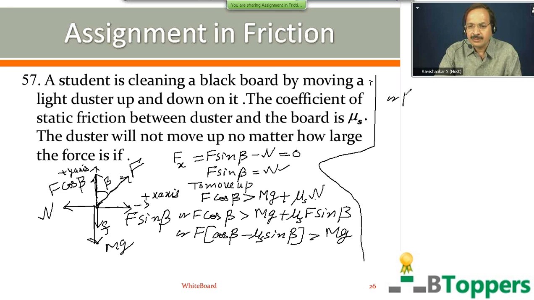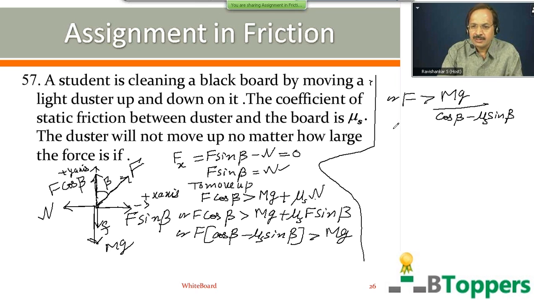Therefore, to move up, the force applied has to be more than mg into cos beta minus mu s into sin beta. That means the minimum value of the force to be applied by the student to move it up has magnitude equal to mg divided by cos beta minus mu s sin beta.